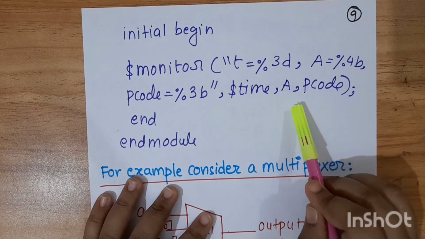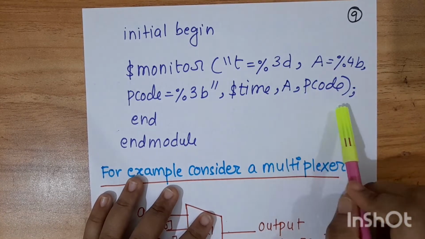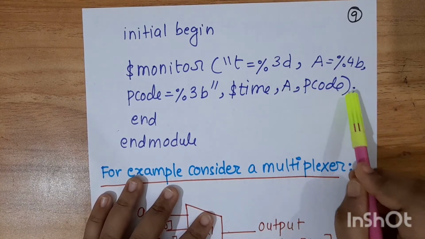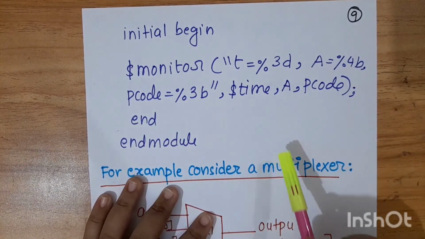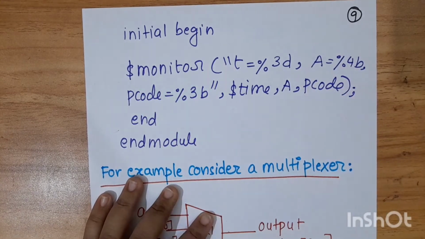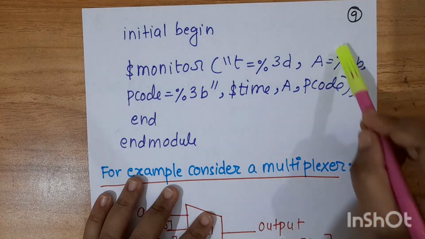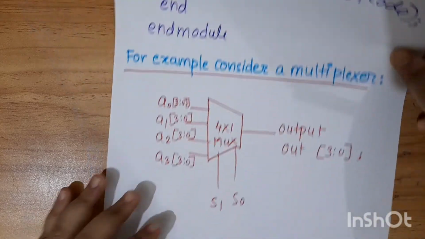A is the case expression that would be displayed, and A is of 4 bits and P code is of 3 bits. All will be displayed in binary form. Whenever the $time, A and P code change, the $monitor system task will be called and a display statement will be put in the output screen. And here is the end module for the stimulus module.